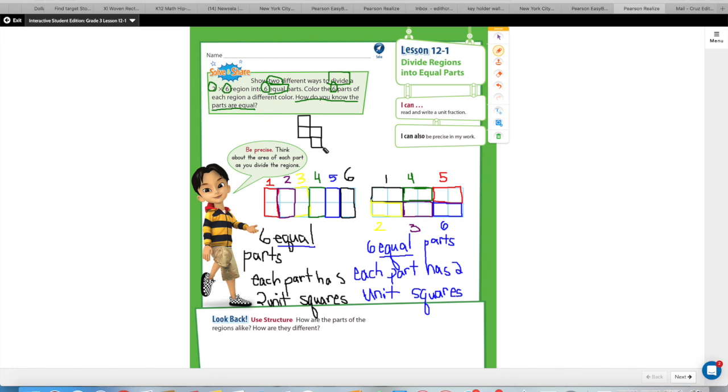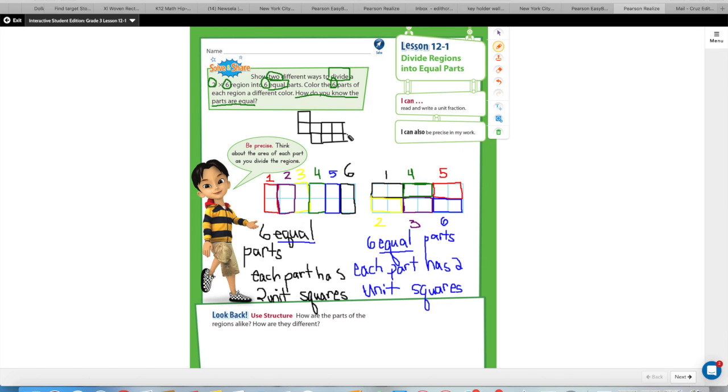It looks very different from the rectangle, right? Okay, so we're going to start coloring this in.